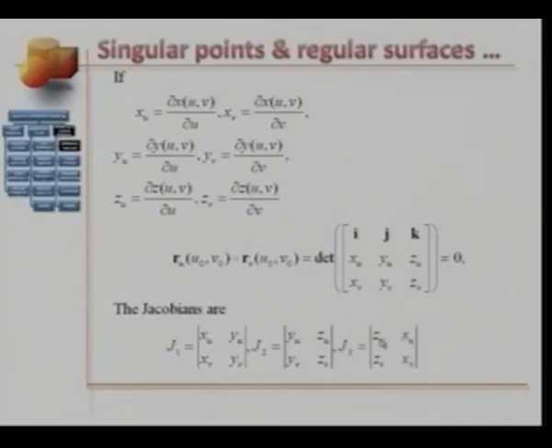Likewise, the third Jacobian, J3, is given by the determinant of the 2 by 2 submatrix defined by these columns, zu, zv, xu, and xv. So for this cross product to be not 0, at least one of the Jacobians, J1, J2, or J3, should be non-zero.